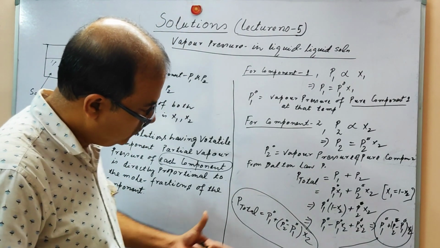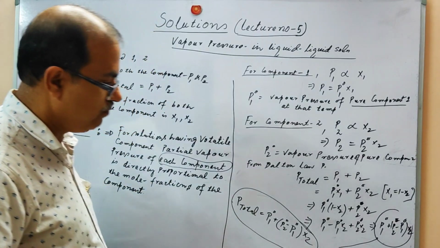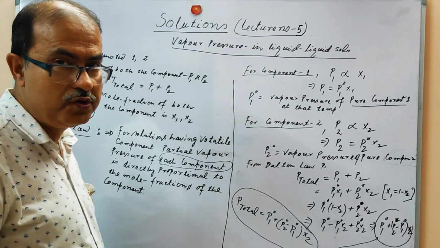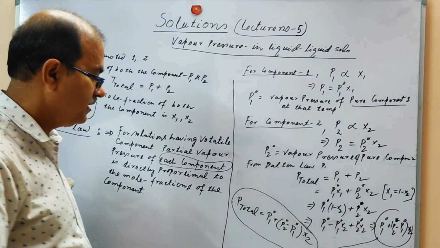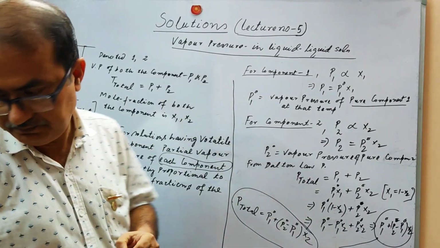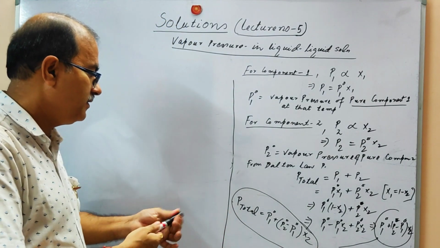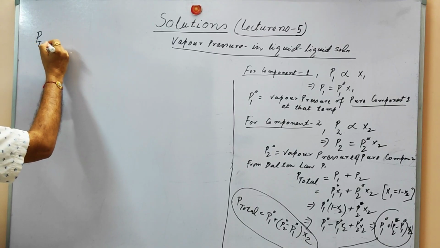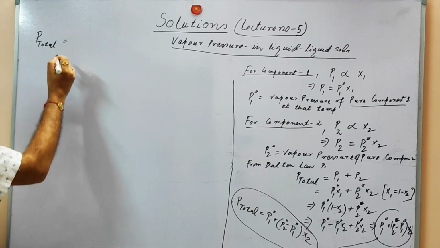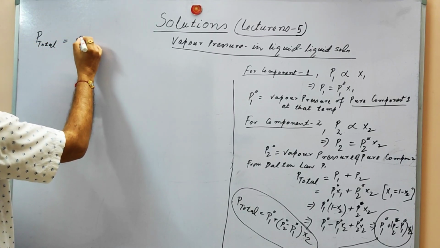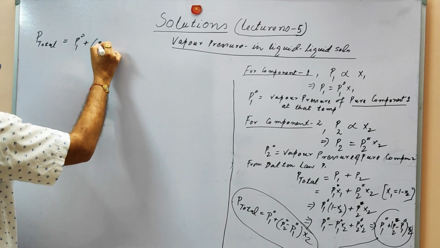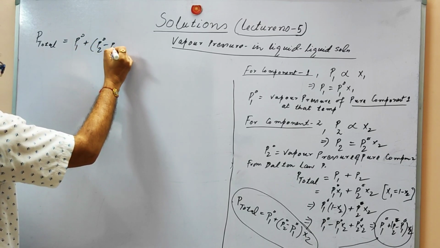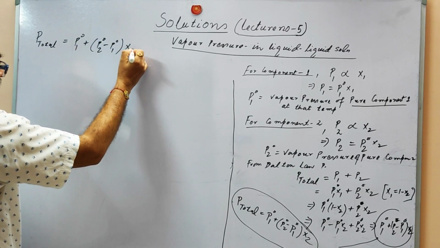From this equation of Raoult's law, we can conclude many important things that we are going to understand now. So we get this equation, P total is equal to P1° plus (P2° minus P1°) into x2.